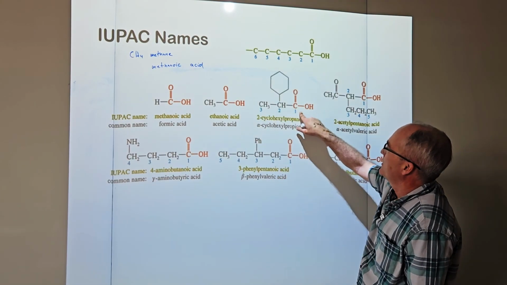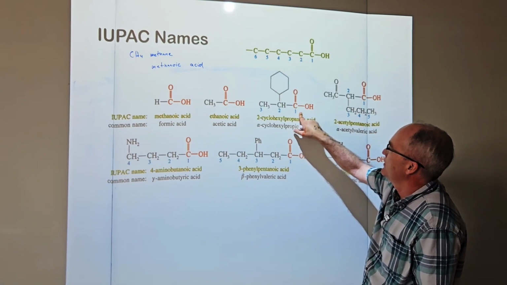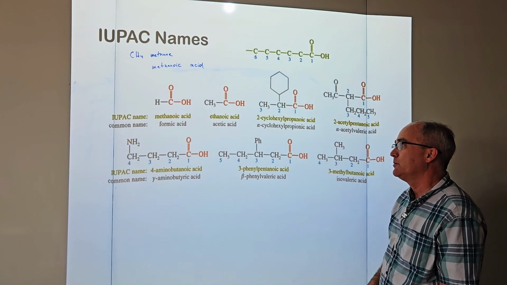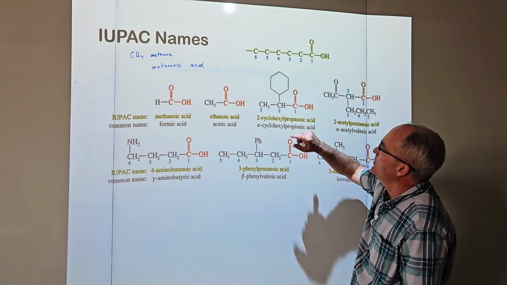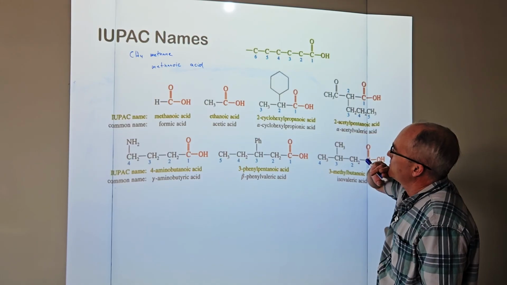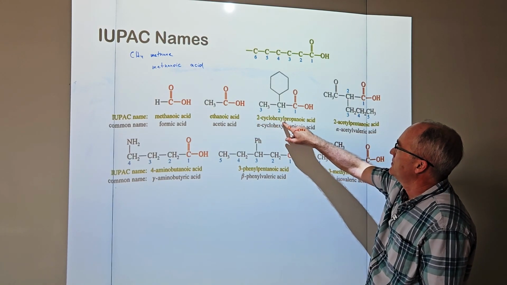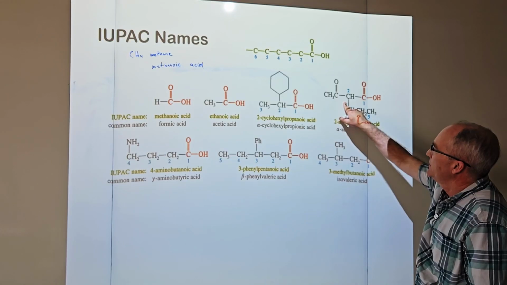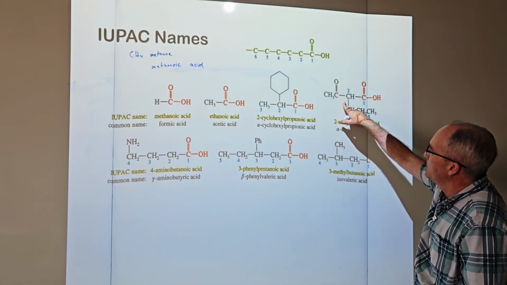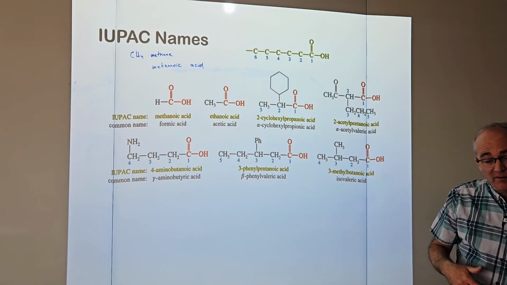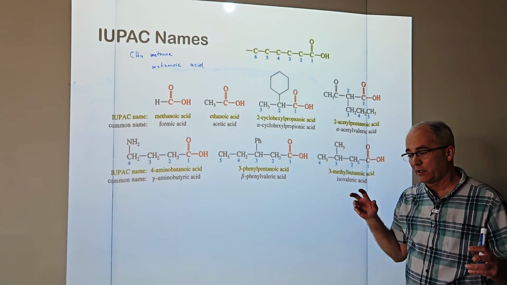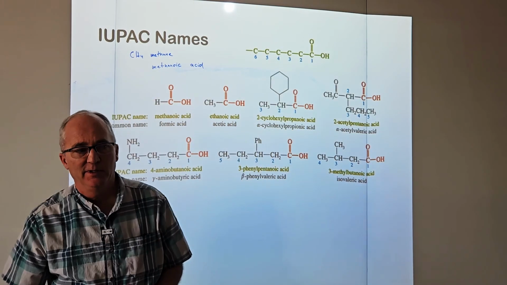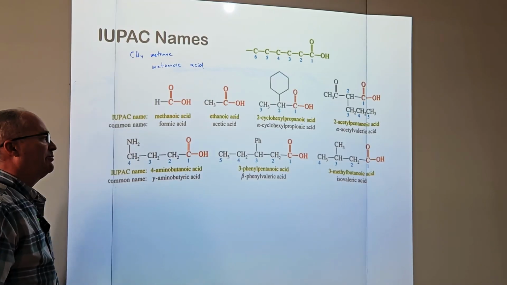So if I saw this in class and I was supposed to name it, I'd say 1, 2, 3. I'd take propane, chop off the E and put oic. And then on carbon number 2, I'd say cyclohexyl. 2-cyclohexylpropanoic acid gets the job done. So now maybe is a good time to learn this substituent. At the beginning of the fall, I say, know your alkyl groups, and we do methyl, ethyl, isopropyl, butyl, tert-butyl, sec-butyl.